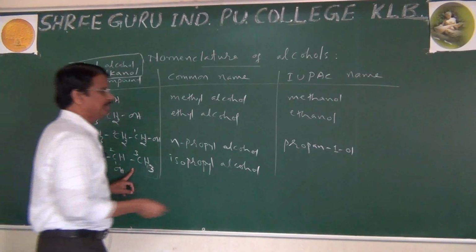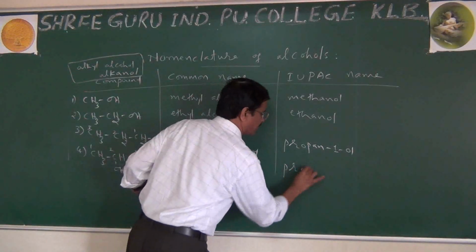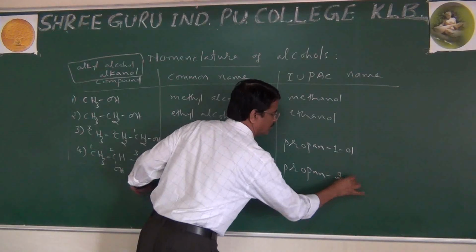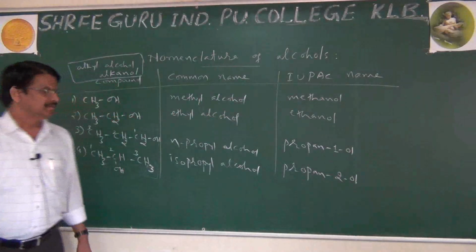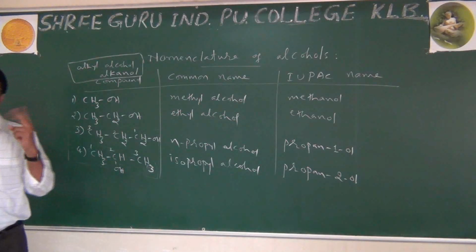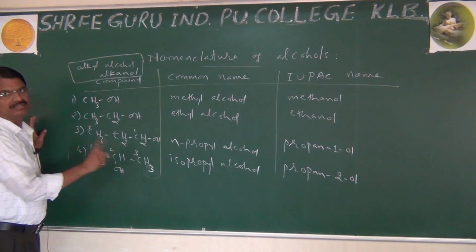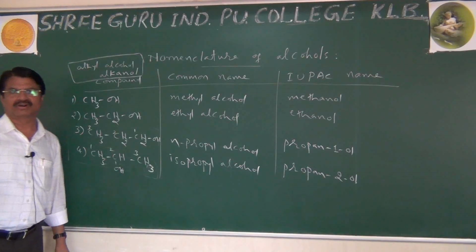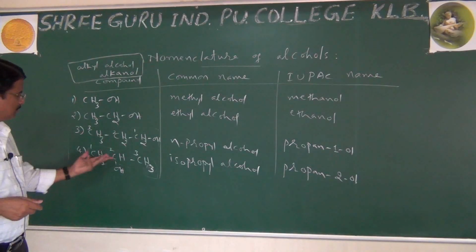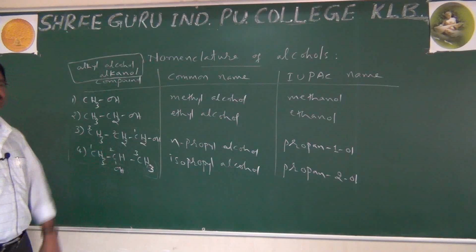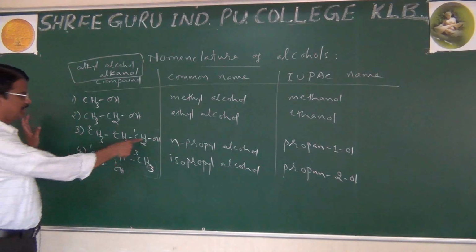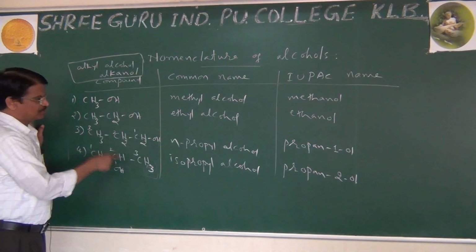Next, propane 2-ol. So propyl alcohol exhibits 2 isomers, and they are position isomers, but not functional, metamerism or tautomerism. They can exhibit only position isomerism here.